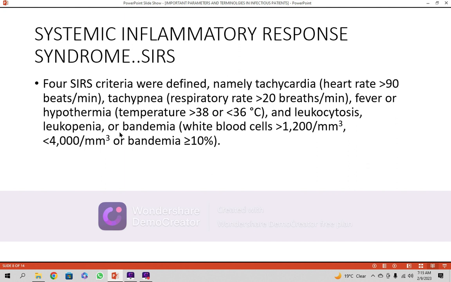White cells more than 12,000 per cubic millimeter is leukocytosis. Very low leukocyte count, less than 4,000 per cubic millimeter, is leukopenia. Bands more than 10% is also a criterion.